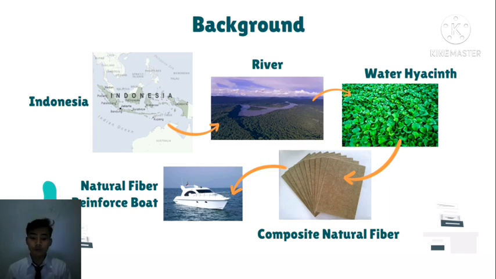such as natural fiber. The use of natural fiber as a composite has many advantages. Such fiber raw materials are easy to obtain and easy to renew. For example, water hyacinth fiber composite material is very potential in terms of the availability of raw material, which is very abundant, easy to obtain, low price, and non-toxic.